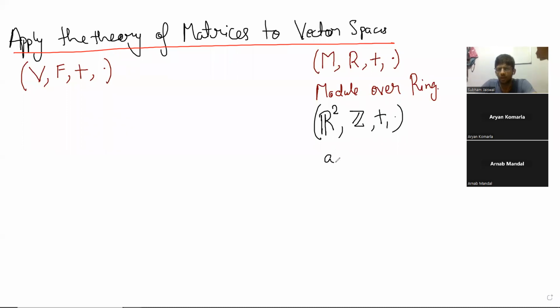So addition of vectors will be as it is, but multiplication will be by scalars, but only Z will be allowed.